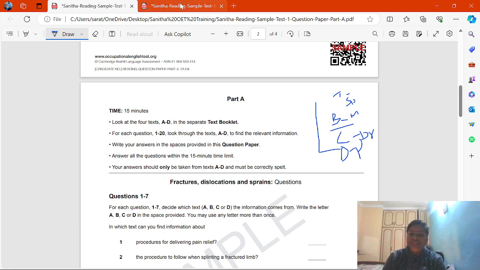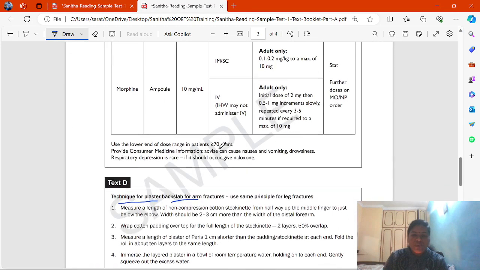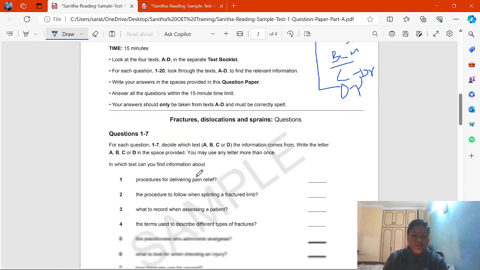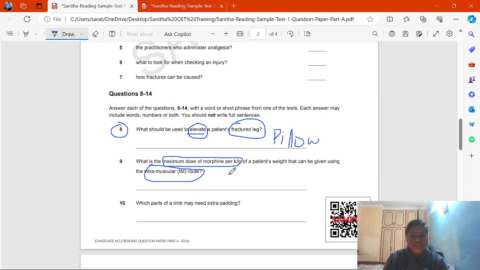So we have to go to C. Here, for intramuscular, we got the maximum dose per kg. Minimum is 0.1, maximum is 0.2 milligram. So the maximum dose is 0.2 milligram. Okay, got it?